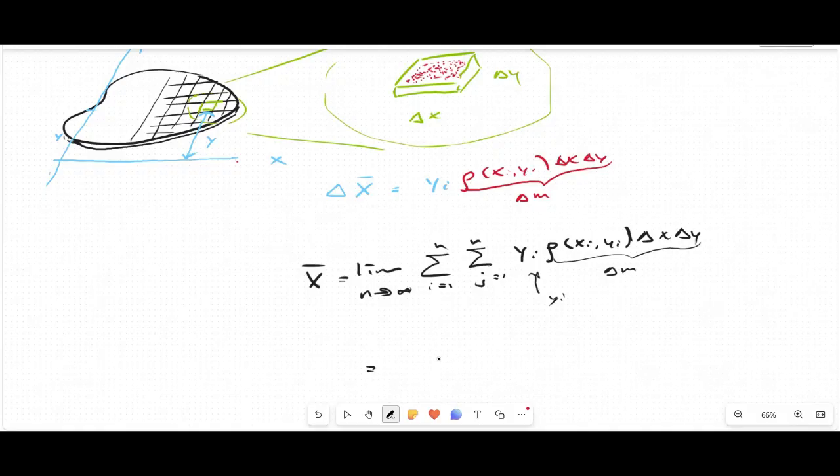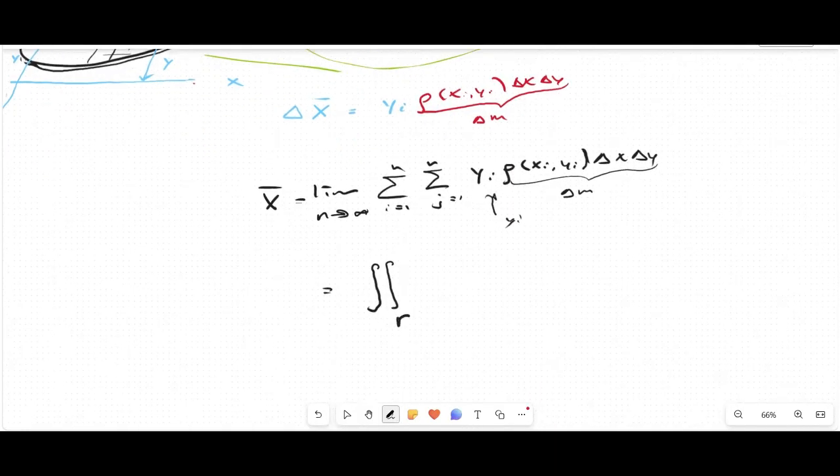This converges to an integral, right? We're going to see a double integral over R, the region that represents the plate, of y times the density with respect to the area.